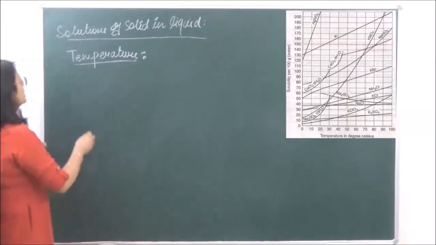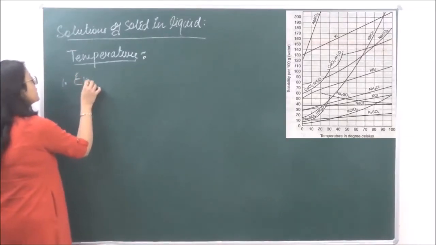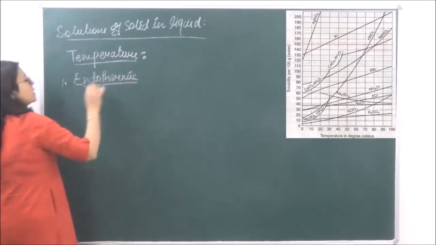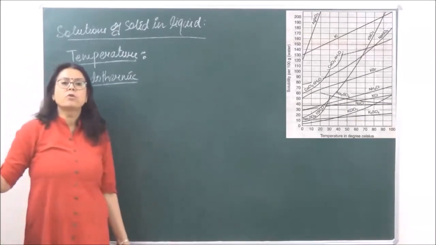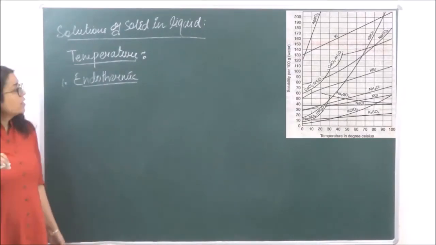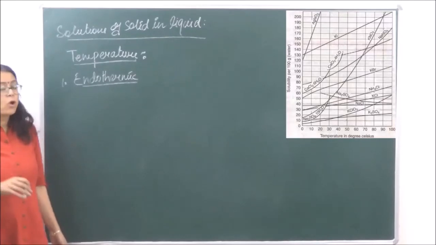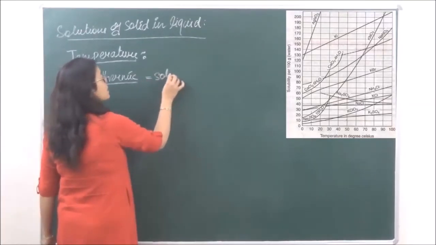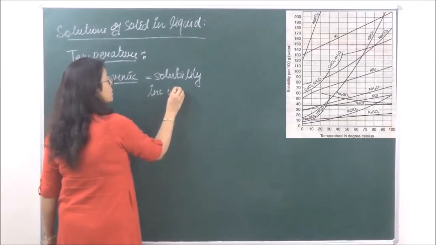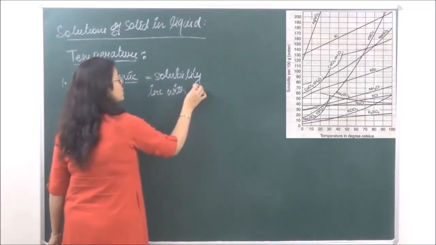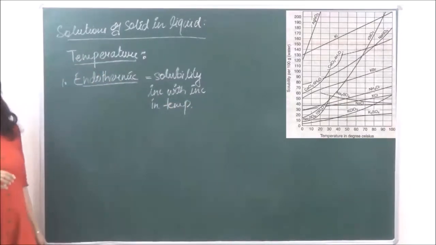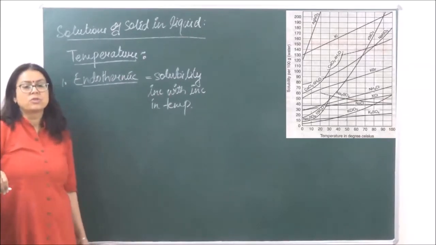So certain processes are known as endothermic processes. For an endothermic process, where heat is absorbed, the solubility increases. Solubility increases with increase in temperature.